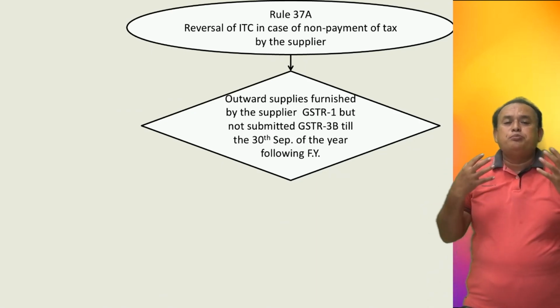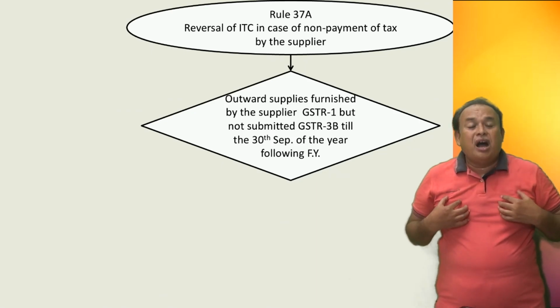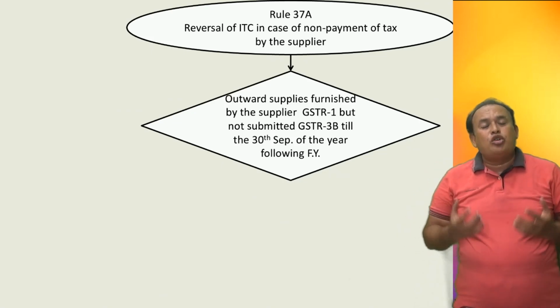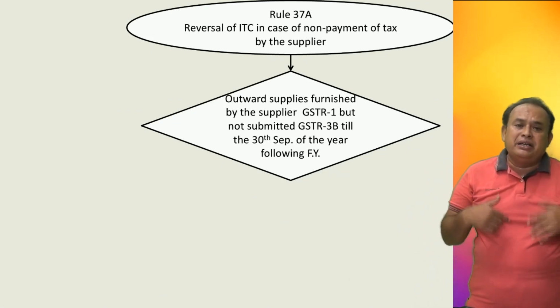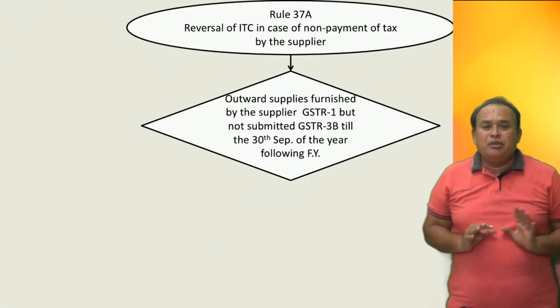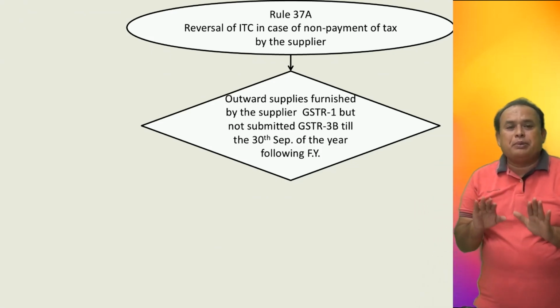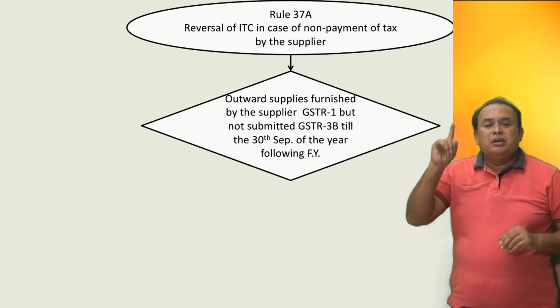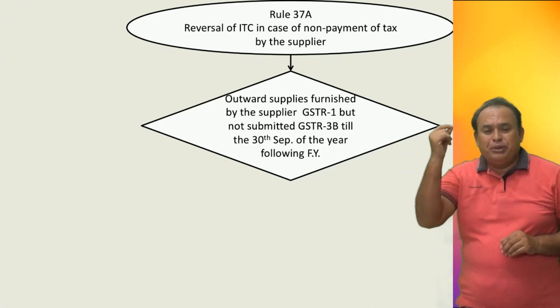That means input tax credit of 28 lakhs on the inward supply of 100 lakhs was availed and utilized by the recipient, namely Y Limited, in the month of September 23. But whether the supplier paid or not paid to the department.